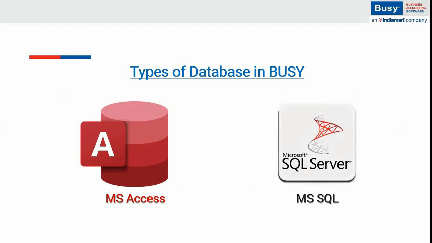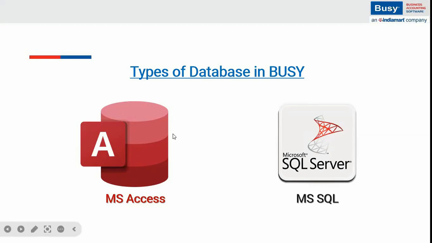Microsoft Access is a little bit older database developed by Microsoft Corporation, and SQL is a very famous database, and most of the industries and applications work with this SQL database. After that, we will see the deep comparison between MS Access and SQL. But particularly, Busy can support MS Access as well as MS SQL databases.